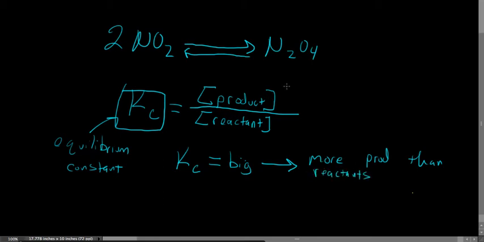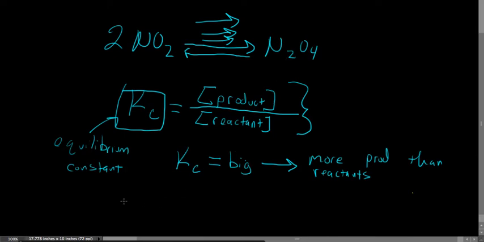If you look at the mathematics up here, we can clearly see that. If K sub C is a large number, the value on top here, the product number, must be significantly larger than the concentration of the reactants, which means we're getting significantly more forward reaction creating the N2O4.